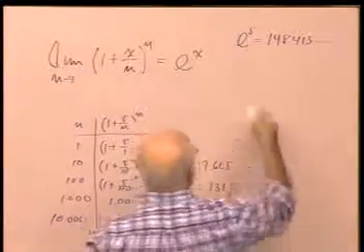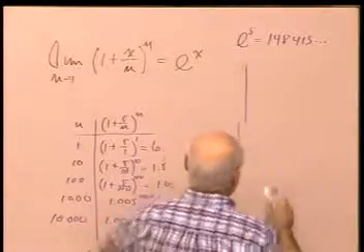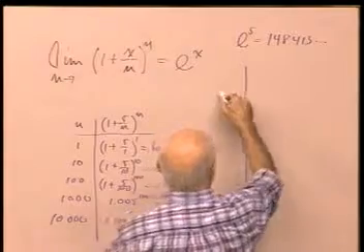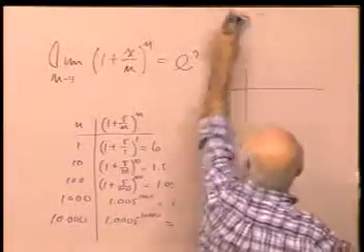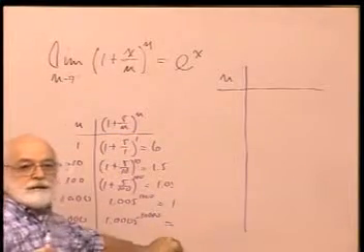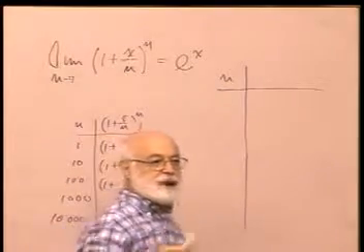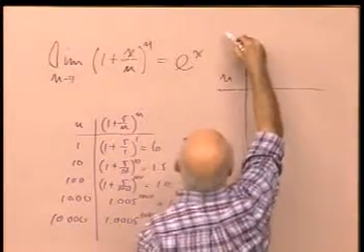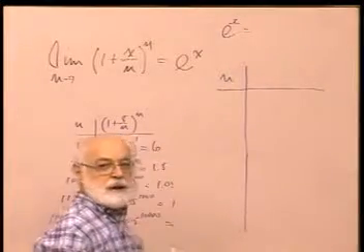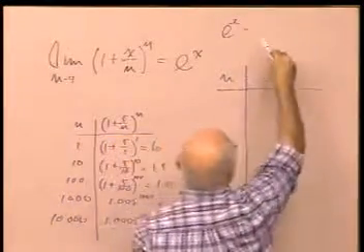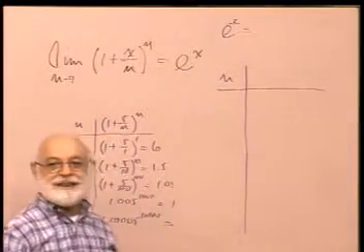Let's do it again. Let me erase this one. So here is n. And let's pick a value of x, negative value. Right? 2, good choice. Okay, so we want to calculate e to the minus 2, which is, what is it? 1 over e squared?